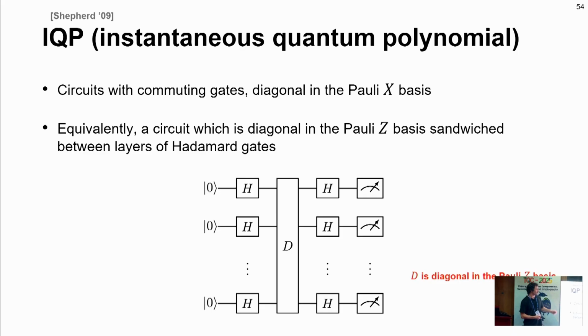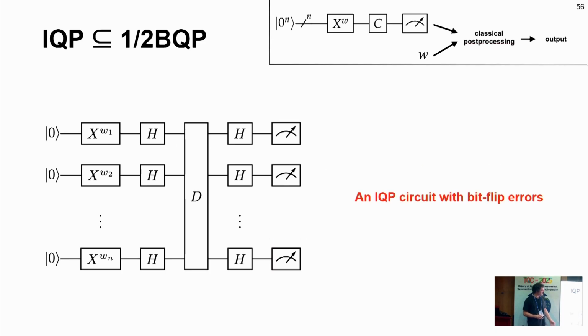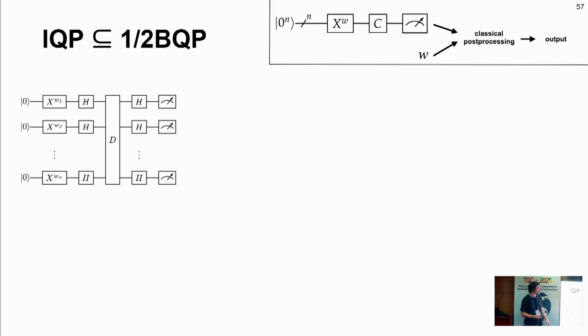We're going to show that IQP is in half BQP. So recall the bit flip errors definition of half BQP, and recall an IQP circuit with bit flip errors at the beginning. You may already see what's going to happen here: we're going to commute the errors through, learn them, and then essentially flip those bits where the errors occurred.